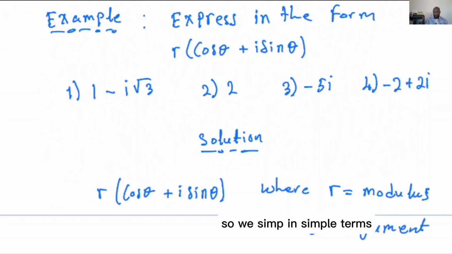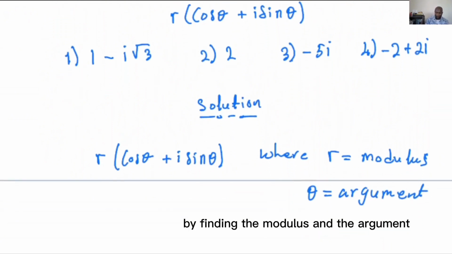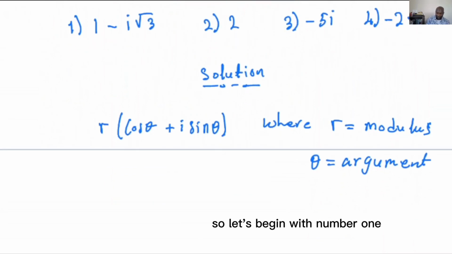So in simple terms, we can express in polar form by finding the modulus and the argument. So let's begin with number 1.